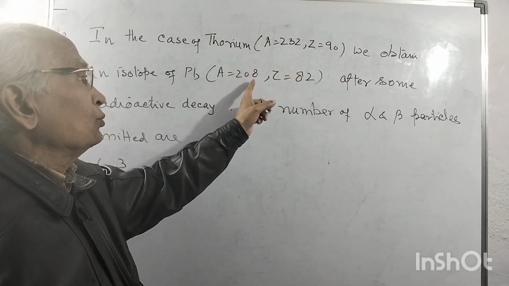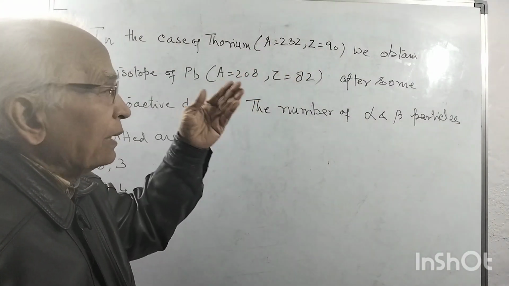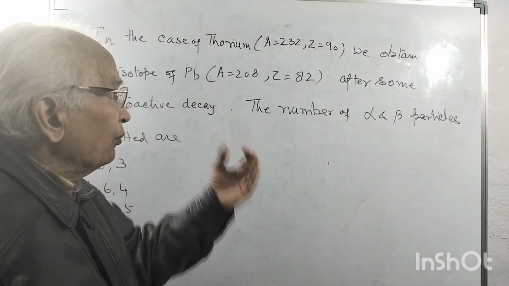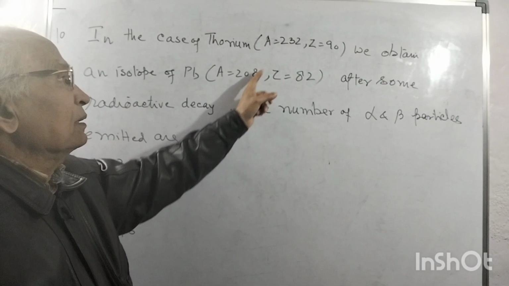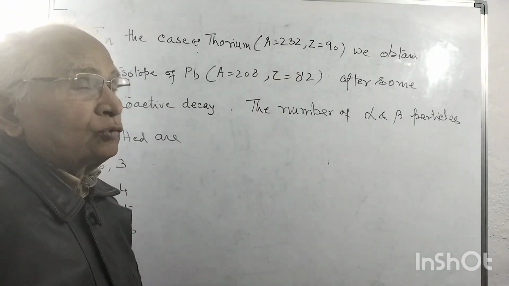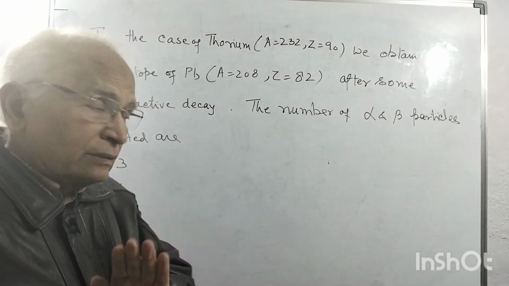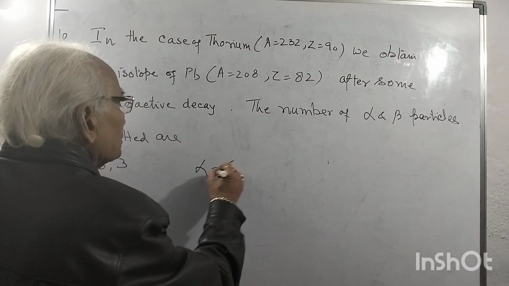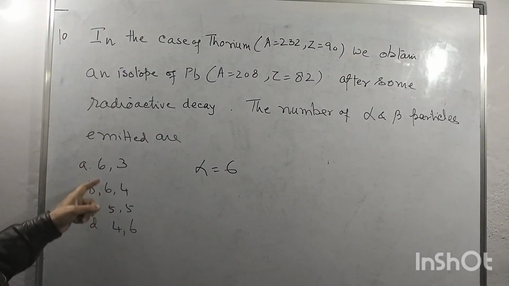Mass 232 to 208. So how many alphas? One alpha goes out, mass decreases by 4. The difference is 232 minus 208, 24. So 24 means 4 into 6. So alpha is equal to 6. It means 6 alphas are emitted.